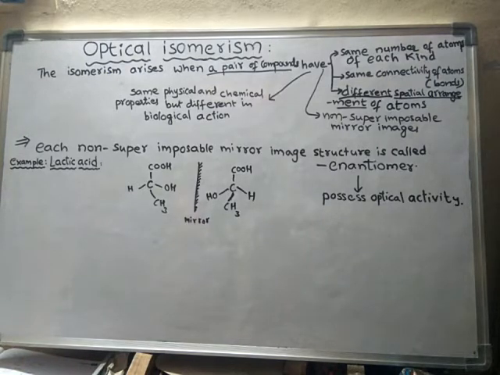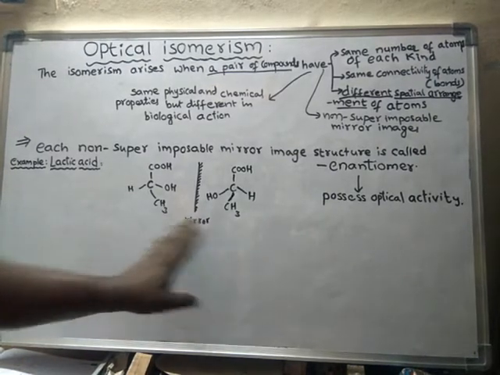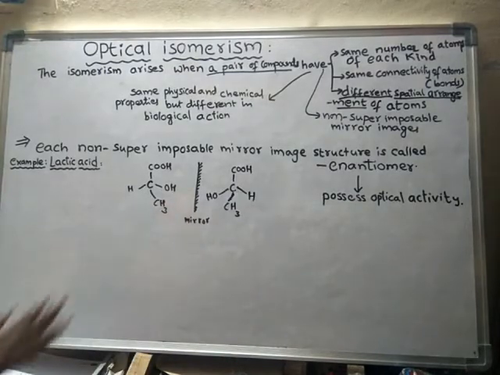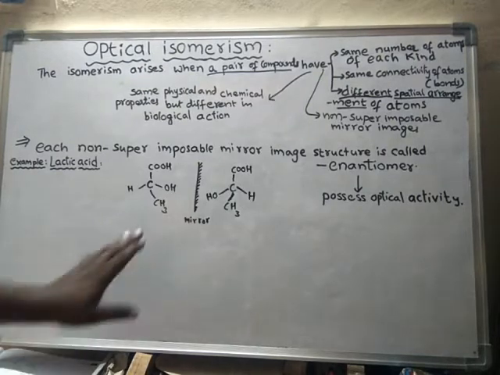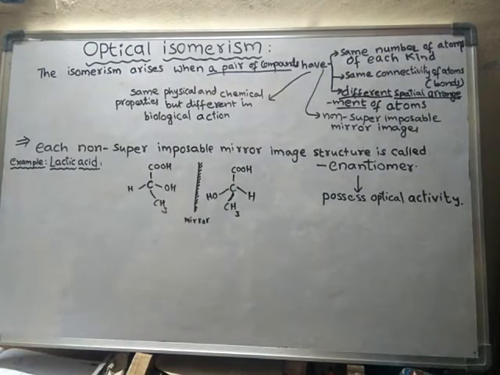So in the rest of the cases, both of the compounds will have the same properties. Only with the reaction of optically active compounds are they different; in all other cases both are the same. Both show similarity in their properties, except in their reaction towards the optically active compound.